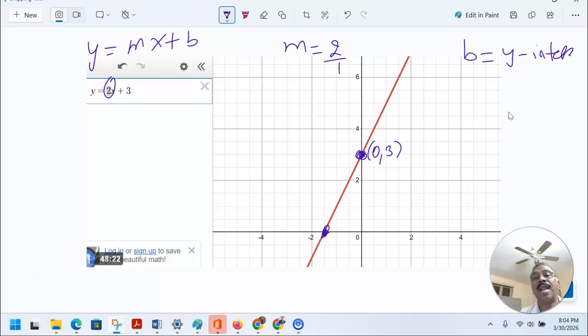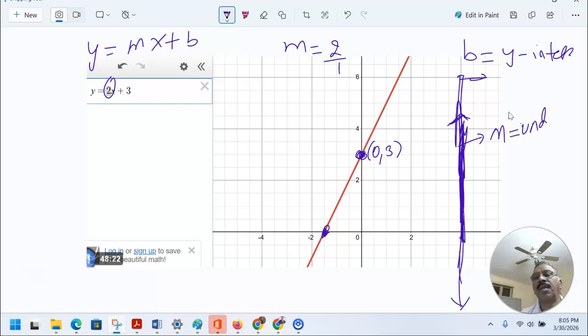But what if the line was vertical? Watch this. Whenever the line is vertical, this line does not have a slope because it is just rise, rise, rise. There's no run here. So we say the slope is undefined.